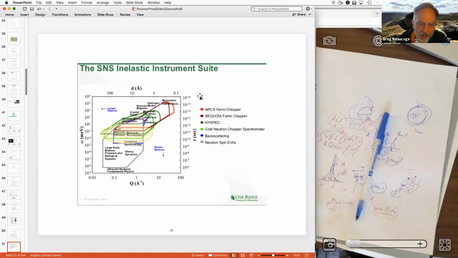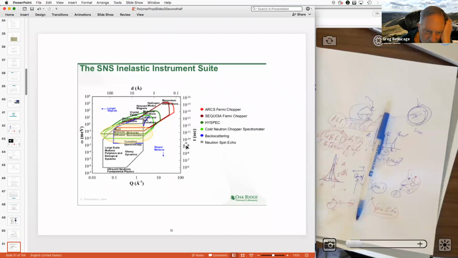And then the time scales have a huge range, right? This is milliseconds, and this goes to pico and below, right? And then nano, pico, millis way up here. So basically there's a wide range. You can go from the DLS time scales all the way to 10 orders of magnitude smaller with this.